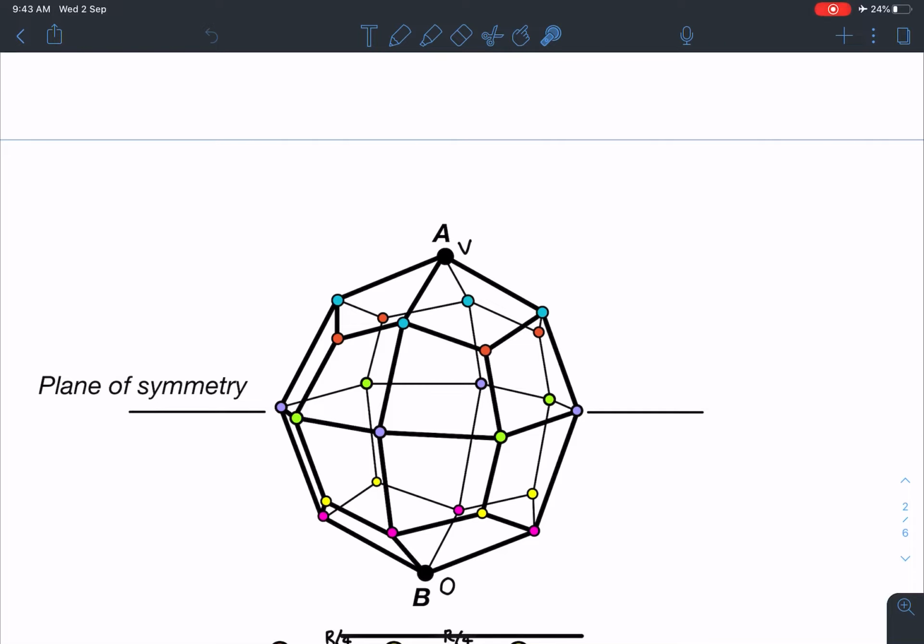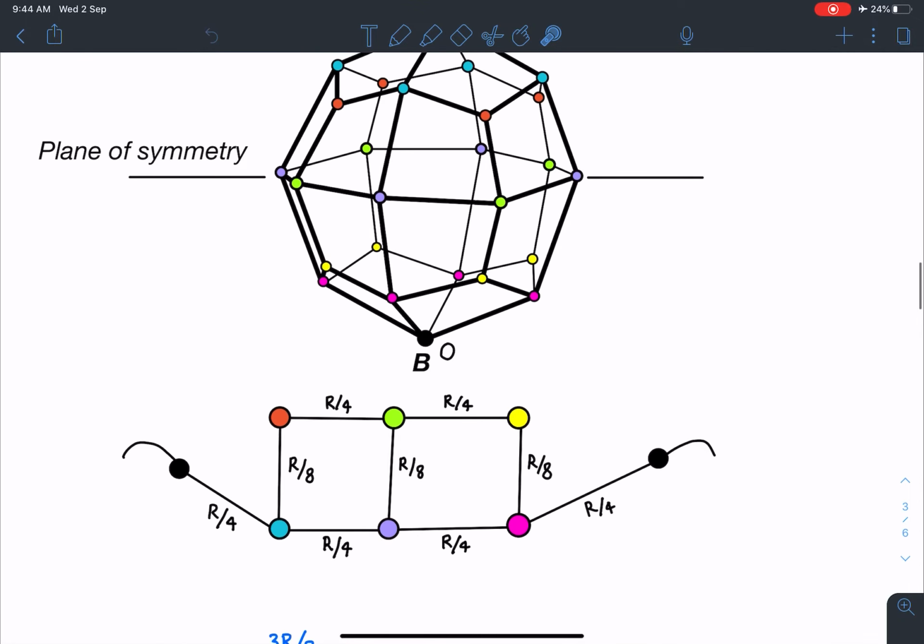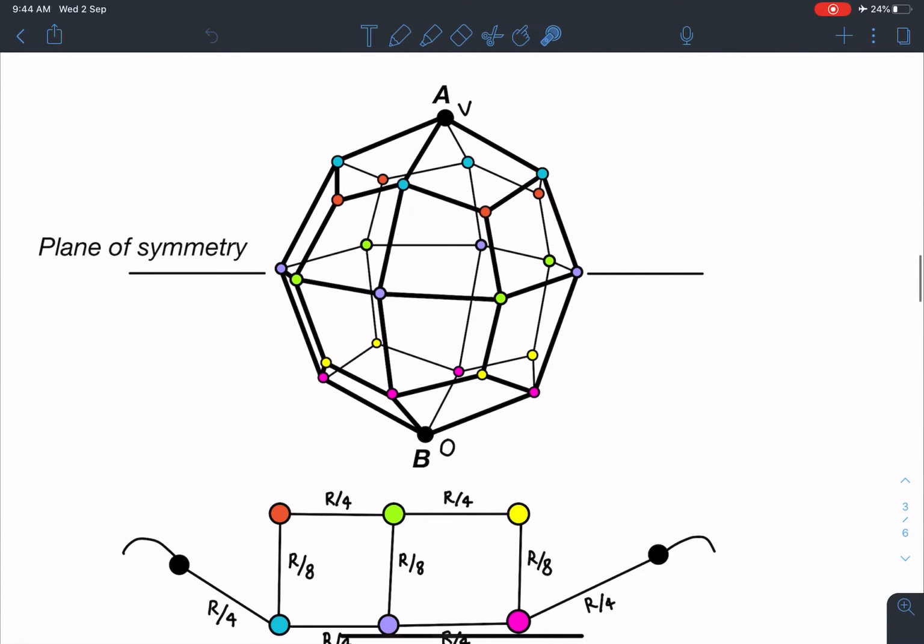Now after this, since this is in 3D, I will try to bring this circuit in 2 dimensions. So you can see here, when I am keeping A here, this is A and this is B here. So nearby A, there is the cyan color and orange color. So I am drawing that orange and cyan here.